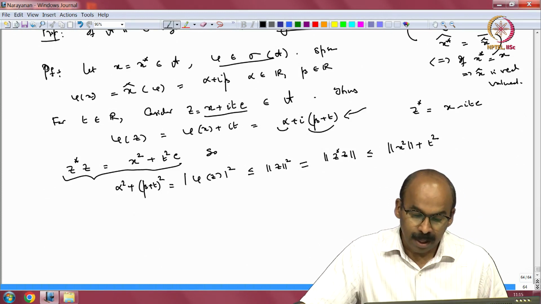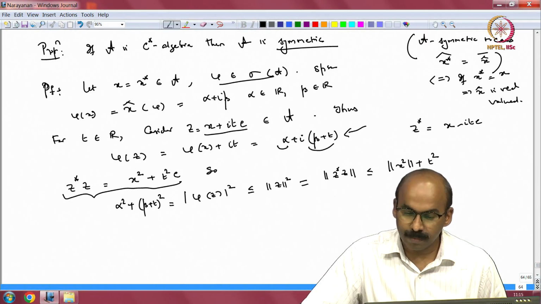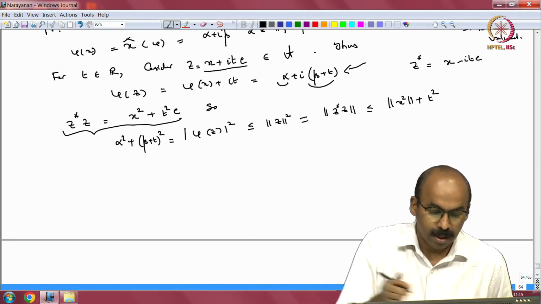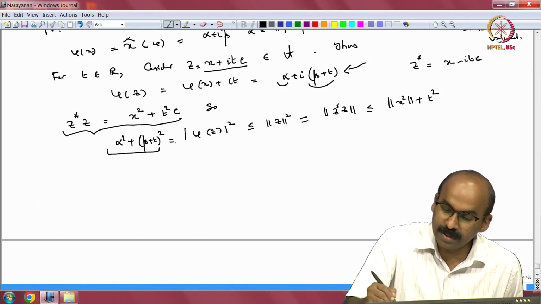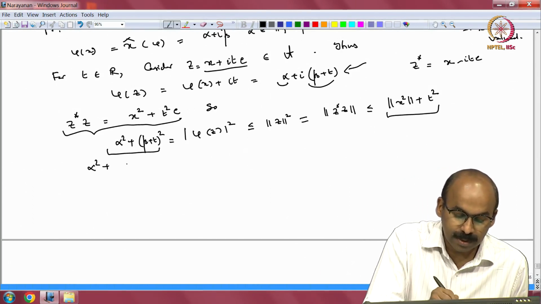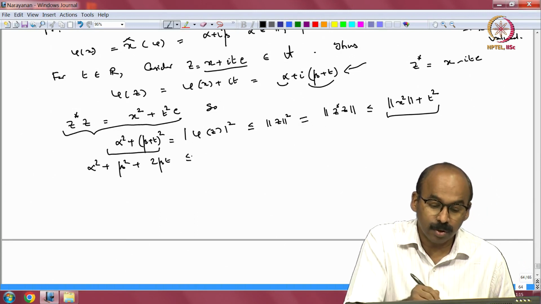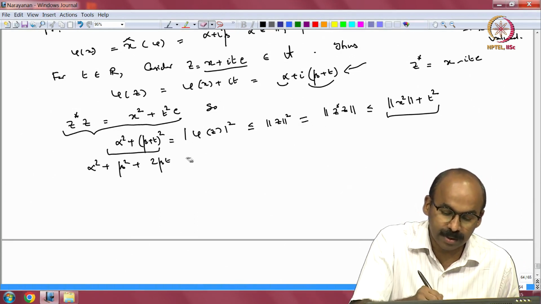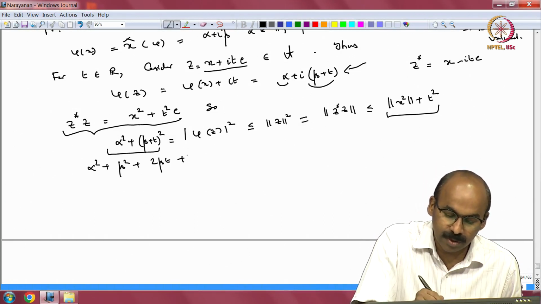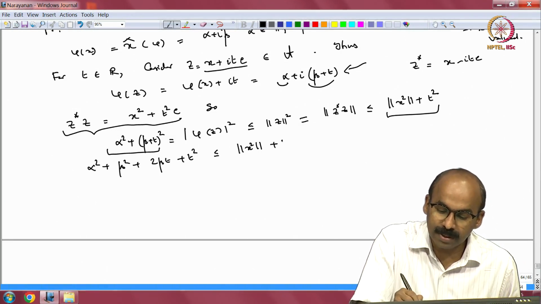Now I look at these two quantities. Alpha square plus beta square plus 2 beta t, plus t square also, that is necessary, is less than or equal to norm x square plus t square.